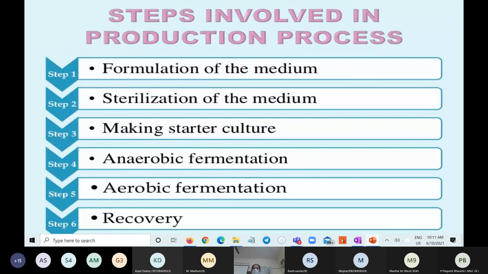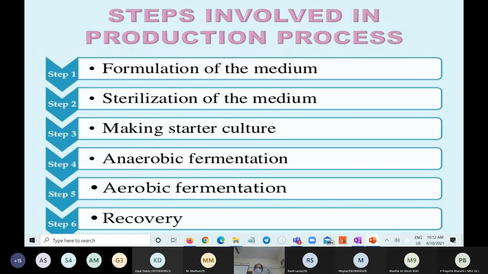Now what are the different steps involved? Now we have seen the fermenter. Whatever fermentation products we are going to study further, we have 6-7 products, and in all of them we have these types of steps. Firstly, we need to formulate the culture media, the fermentation media. Once that is done, before the fermentation we need to sterilize the media, so step 2 is sterilization of the media.